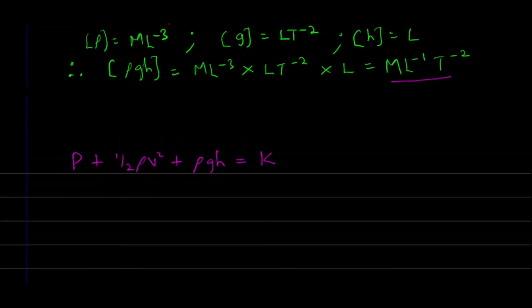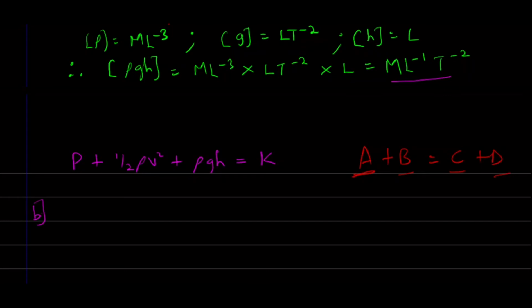Now, the B part of the question says that we should solve for the dimension of K. We are going to use the principle of dimensional homogeneity that says that if we have A plus B equals C plus D, and this equation is going to be dimensionally consistent, that means these parameters A, B, C, and D will have the same unit and dimension.